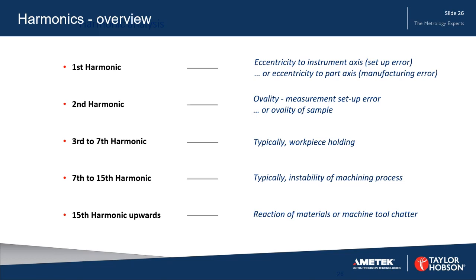The third to seventh harmonic, typically these are workpiece holding, and we saw an example of that with the 3-jaw chuck. The 7th to 15th harmonic is typically the instability of the machining process, and about 15th harmonic upwards, it's the reaction of materials to each other and or the machine tool chatter.